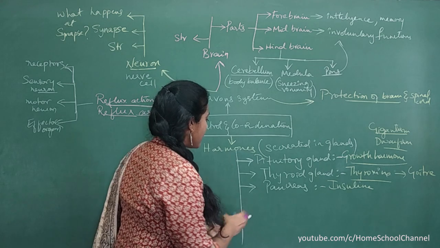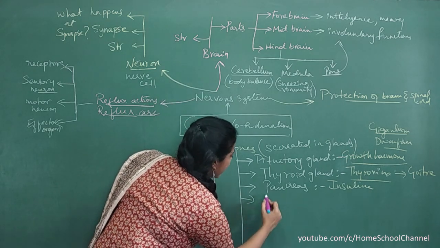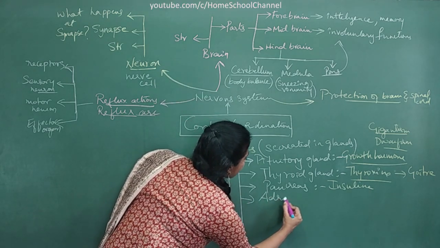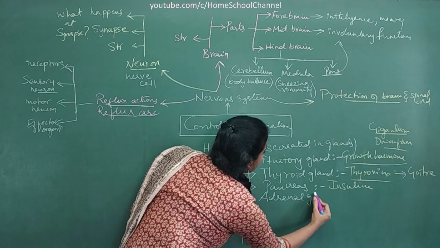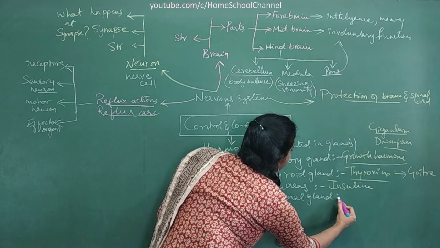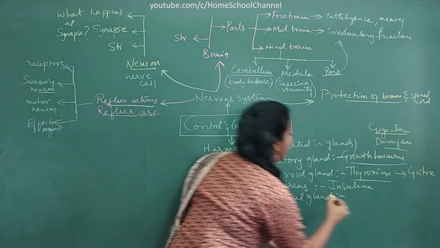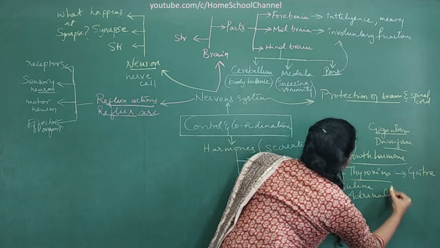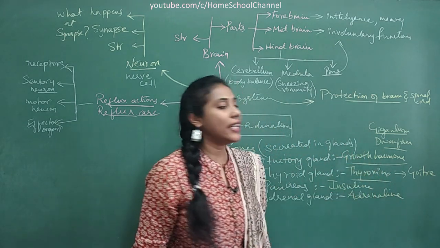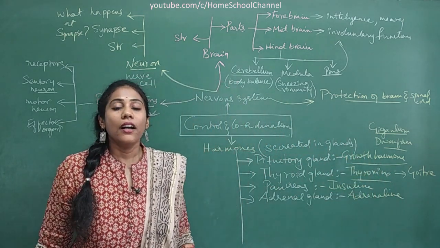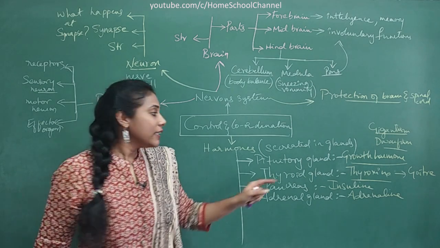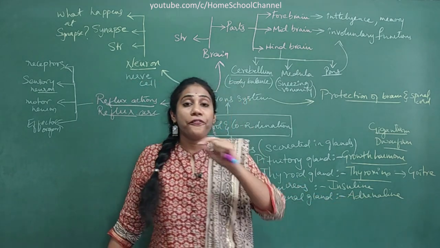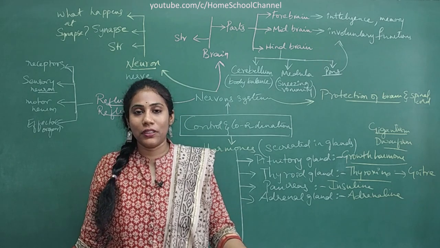And coming to the next gland, the adrenal gland. The adrenal gland will secrete a hormone called adrenaline. This is the hormone that actually regulates blood pressure. This is also called the fright and flight hormone.